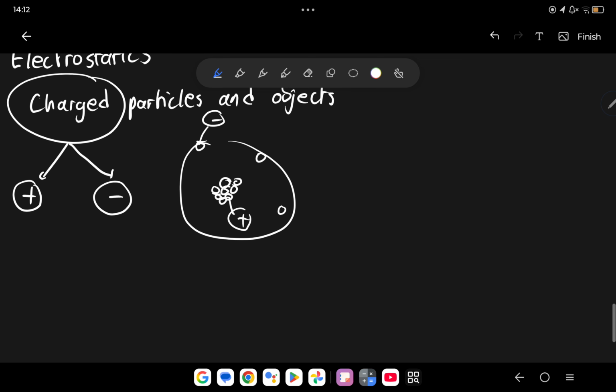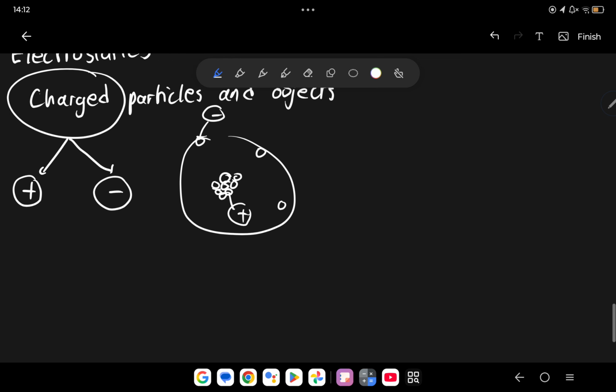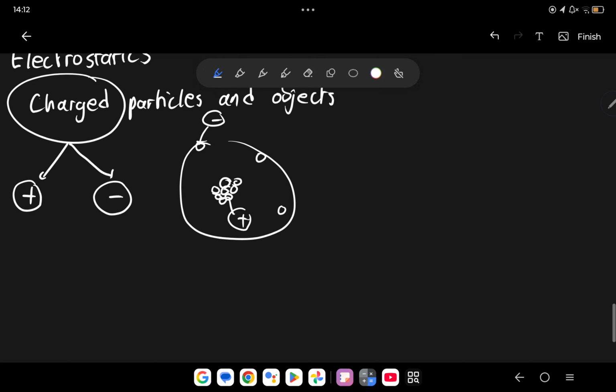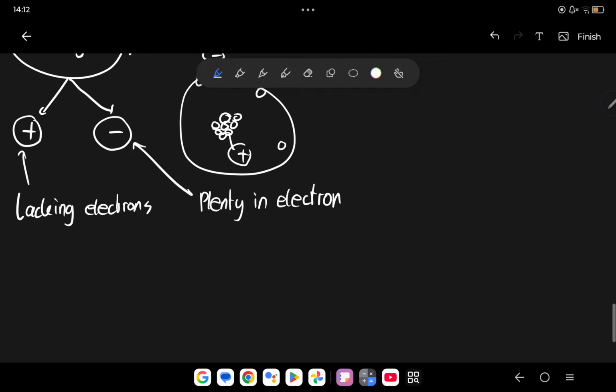An object is called positively charged when it's lacking electrons, and negatively charged when it's plenty in electrons. Basically, a lot of electrons versus not many electrons.